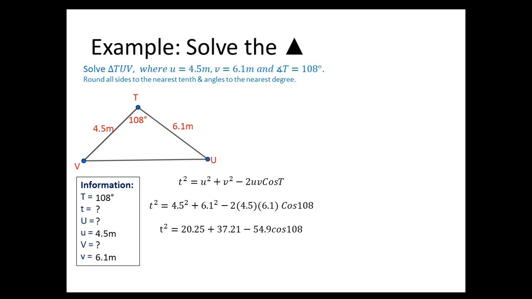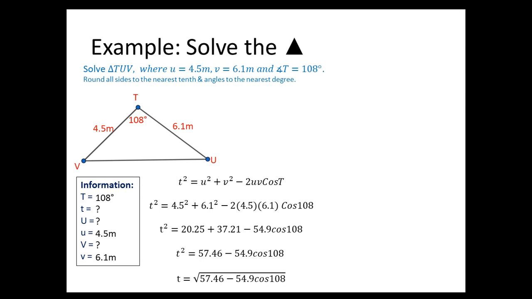We have t squared is equal to 20.25 plus 37.21 minus 54.9 times cosine 108. I'm going to collect my like terms now. So we have t squared is equal to 57.46 minus 54.9 times cosine 108.